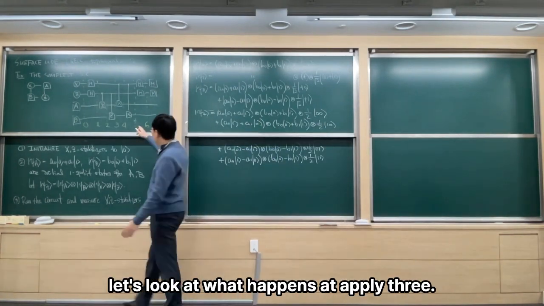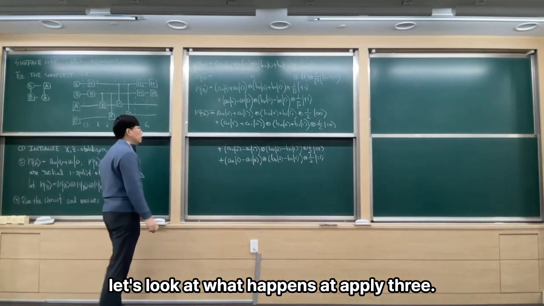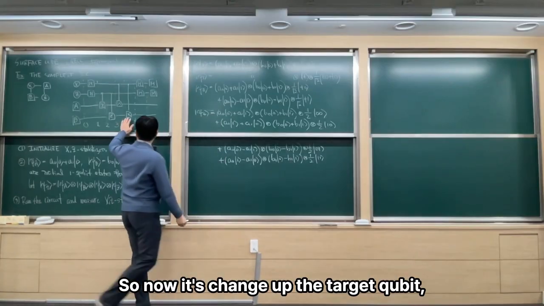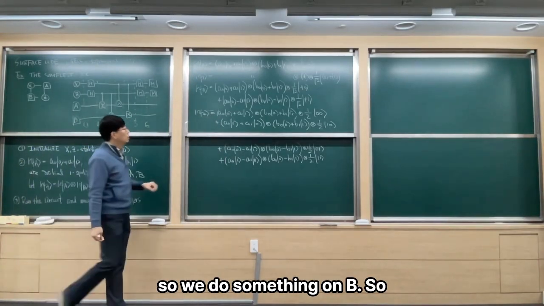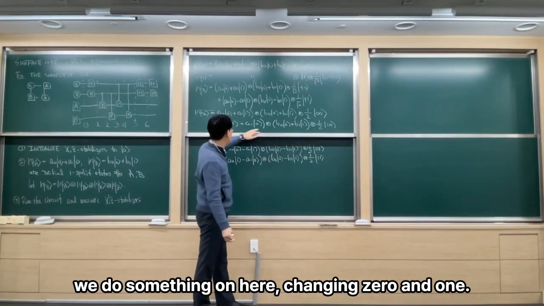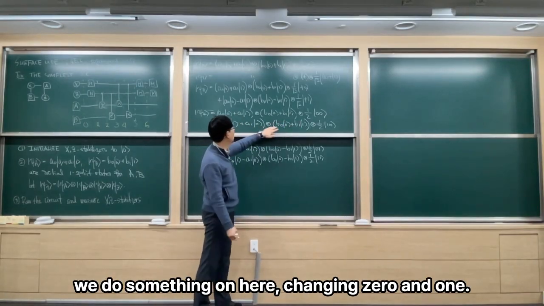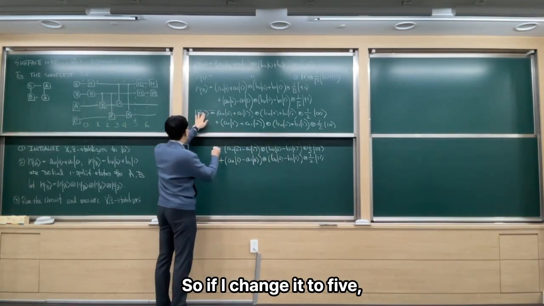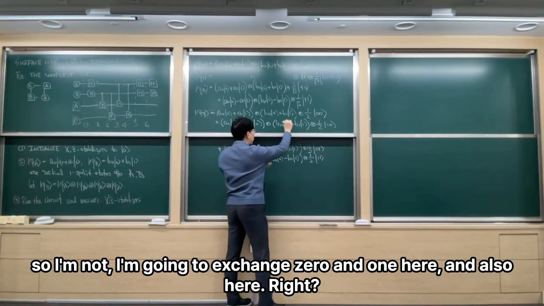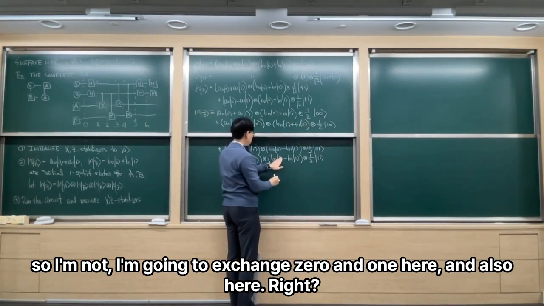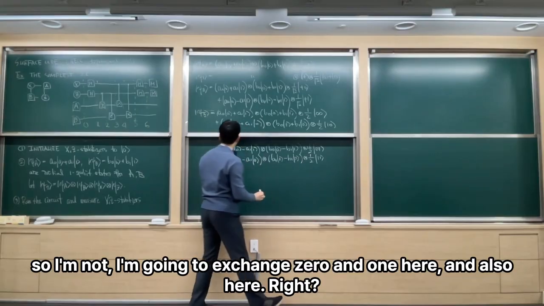Now let's look at what happened at psi 3. So now it's change up the target qubit. So we do something on B. So we don't do anything on here. We do something on here, changing 0 and 1. So if I change it to 5, so I'm going to exchange 0 and 1 here, and also here, right?